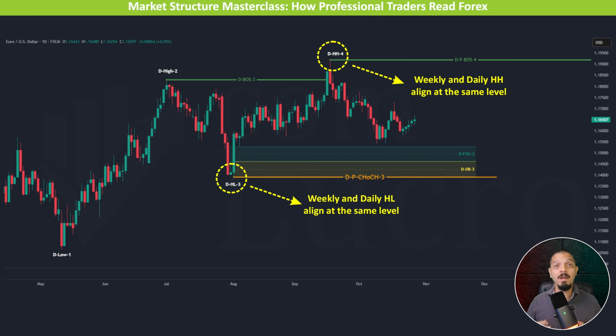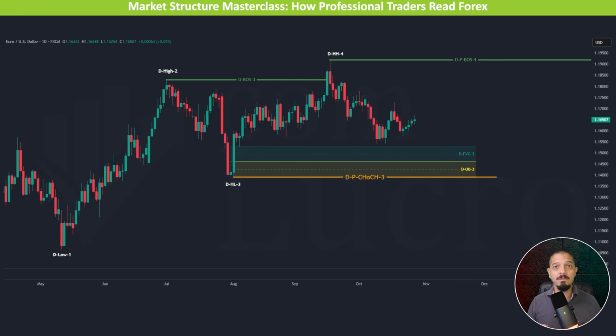This means the lower boundary of the weekly trading range is also the lower boundary of the daily trading range. In other words, the weekly range defined by weekly higher low 5 and weekly higher high 6 is mirrored on the daily structure by daily higher low 3 and daily higher high 4. This alignment helps us understand how the lower time frame structure develops inside the larger weekly context.